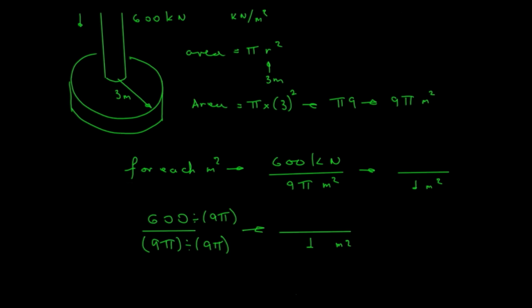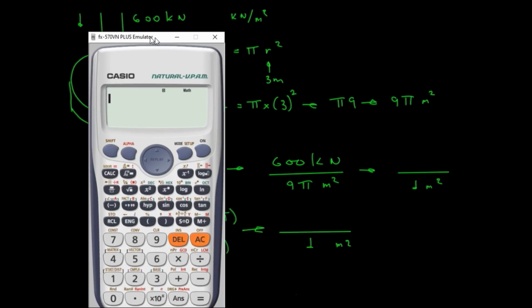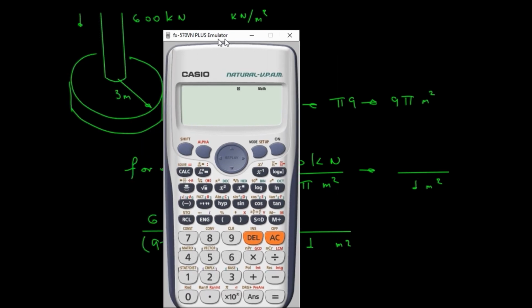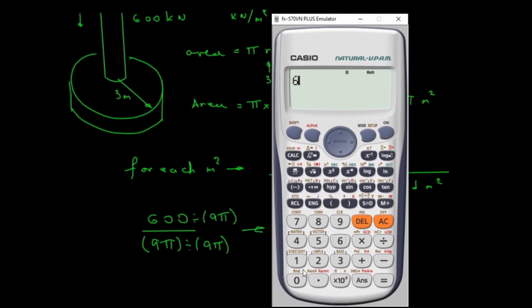Well, let's have a look. Here we go. 600 divided by, now we have a times there, so I'm going to put it in a bracket, 9 times pi. Pi here is the brown key, so I press that and I get the pi, close the bracket, don't forget.